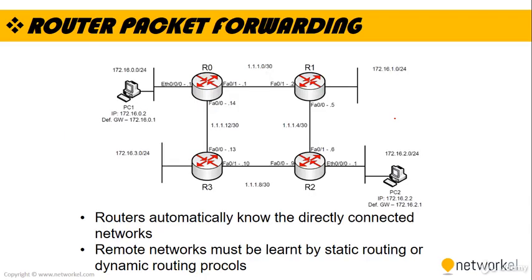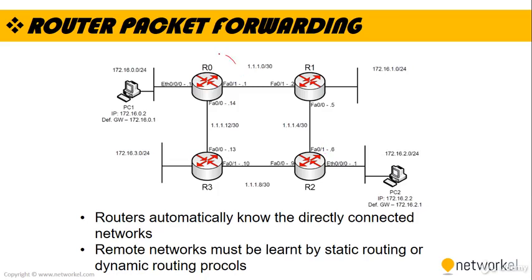So let's take a look at router packet forwarding now. Routers automatically know the directly connected networks, guys, and remote networks must be learned by static routing or dynamic routing protocols.